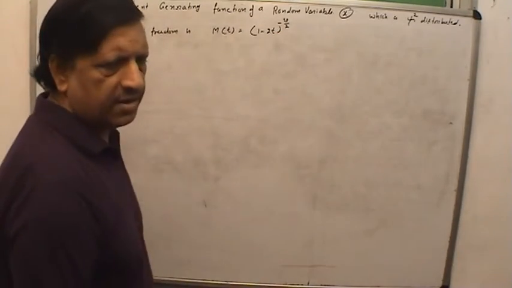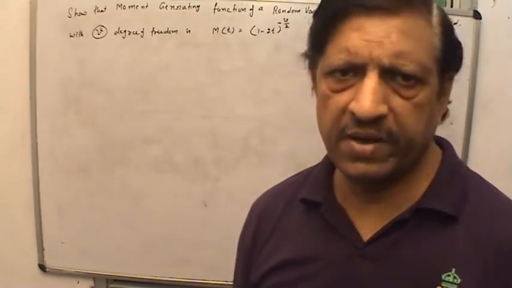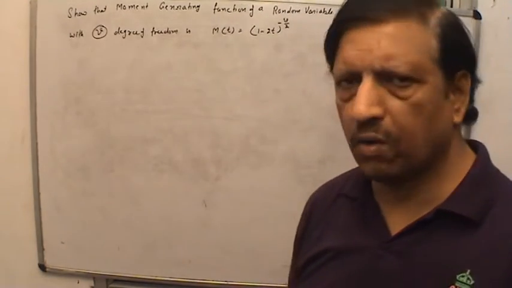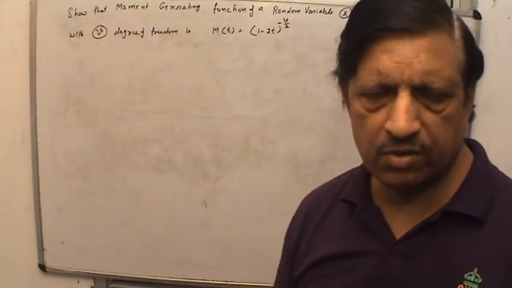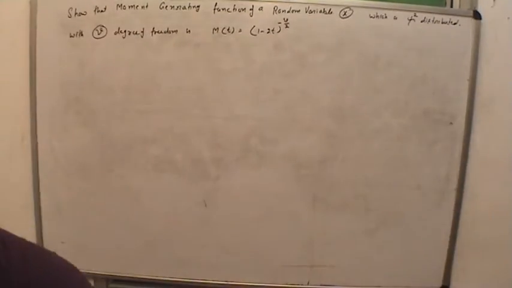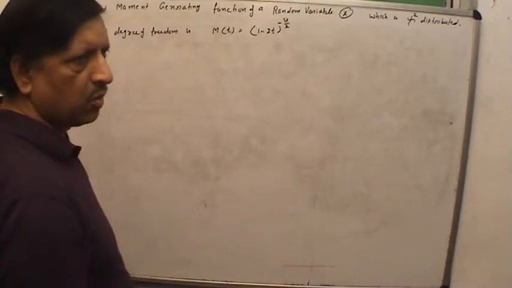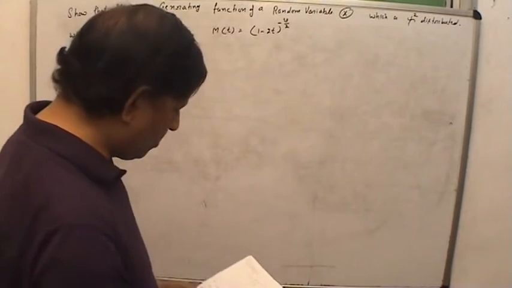You can consider it as a theorem, a result or a numerical. All these are theoretical calculations. Your function is, first of all, in place of f of x, a moment generating function of t.